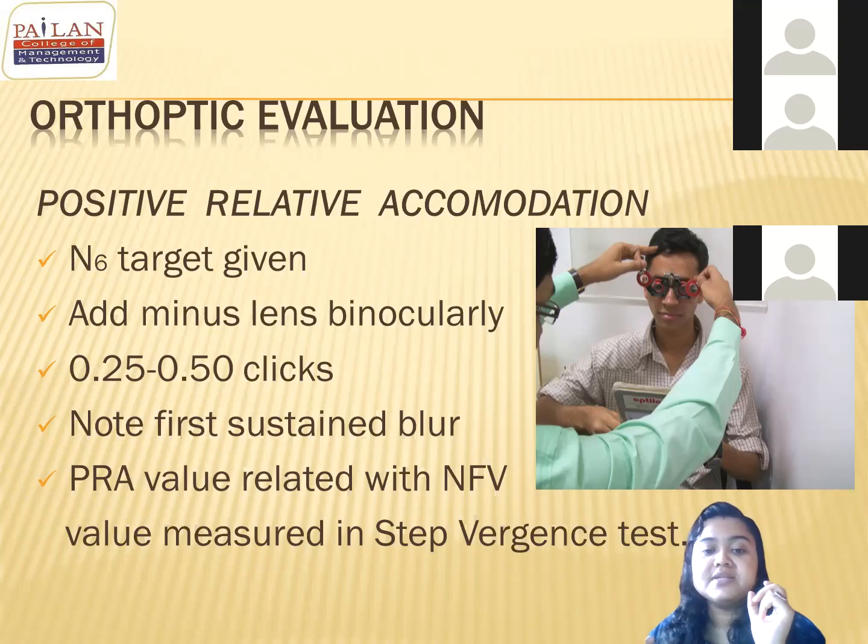Now, before measuring the positive relative accommodation, the accommodation should come to its normal level. How? You have to reduce the plus lenses.